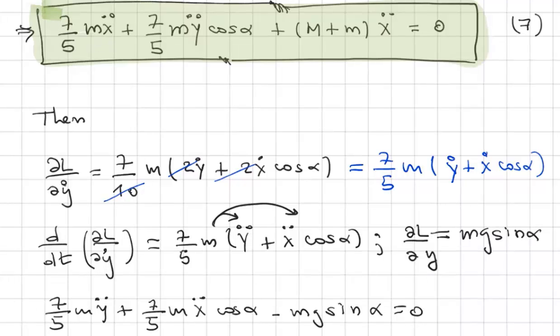Let's call that equation number 8, and that is the second Lagrange equation of motion.